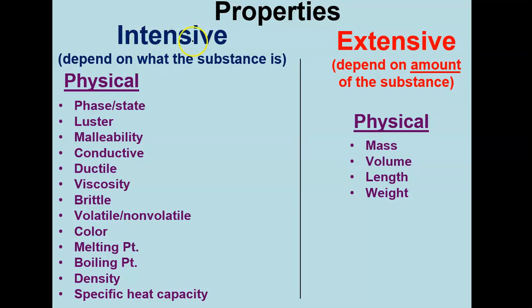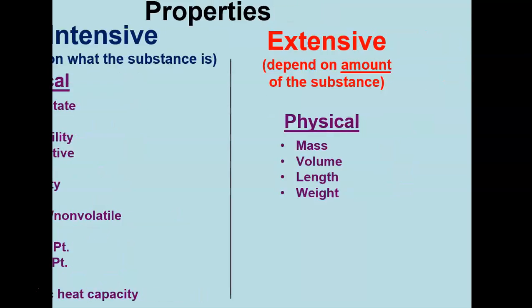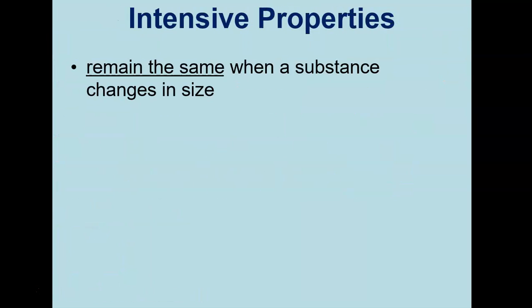So we have intensive physical properties and also extensive physical properties. And I have to define these two words for you. Later, after we're done with physical properties, we are going to add chemical properties under the intensive column. So let's get started. Intensive properties.